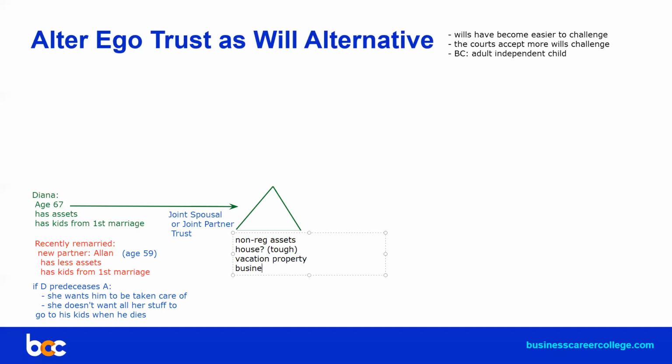Okay, if she has any business assets, that kind of thing, all that stuff is going to sit in this trust. Okay, that's good. And we'll call it the DNA family trust, or sorry, DNA spousal trust. Okay, easy enough.